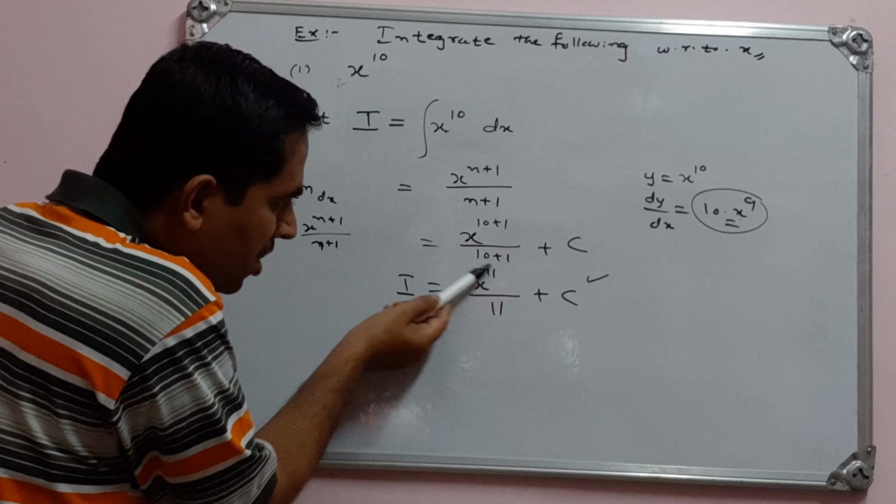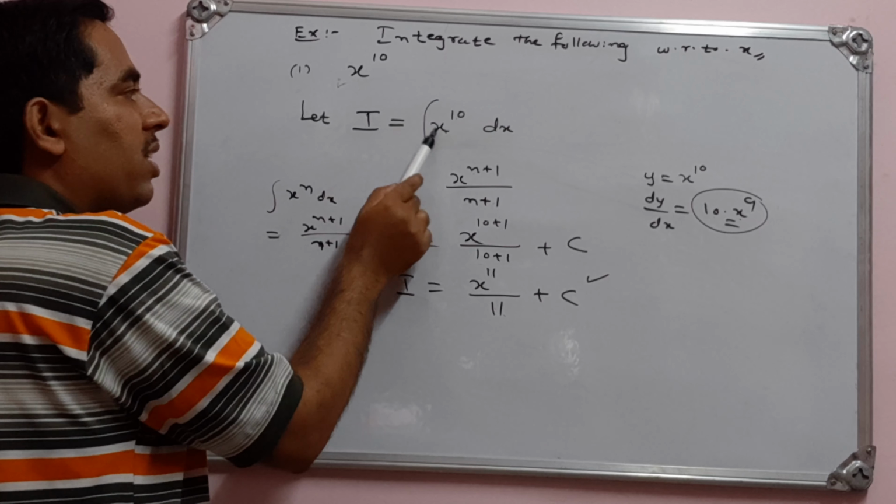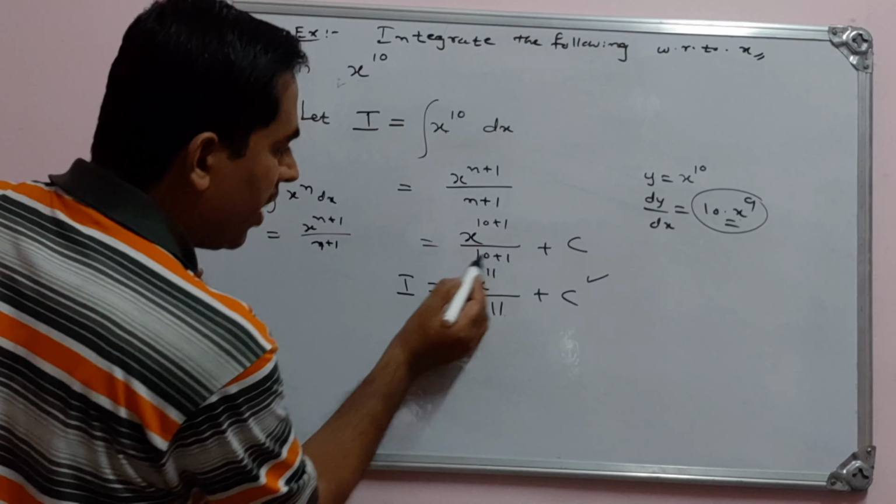This is called the integral. What does the definition say? If I differentiate the whole right-hand side, I will get x to the power of 10. You need not do it, but observe this. Let us differentiate this answer.